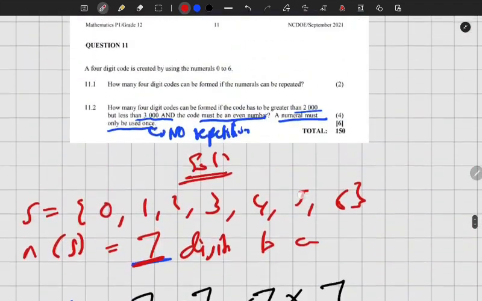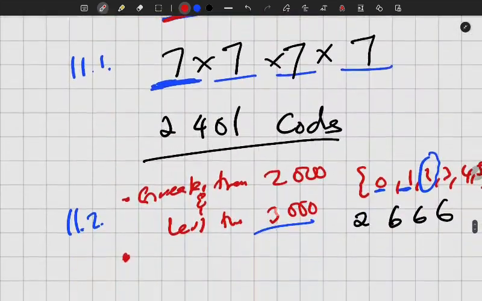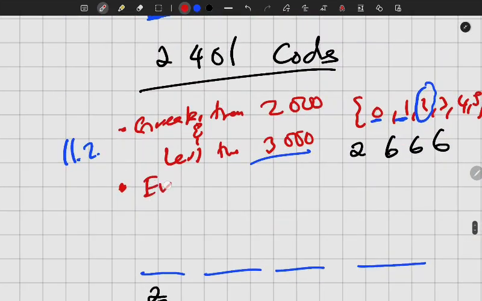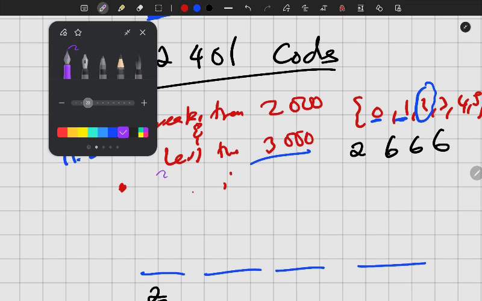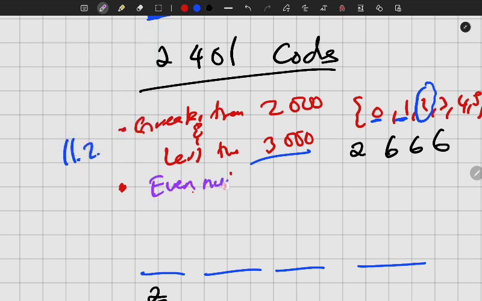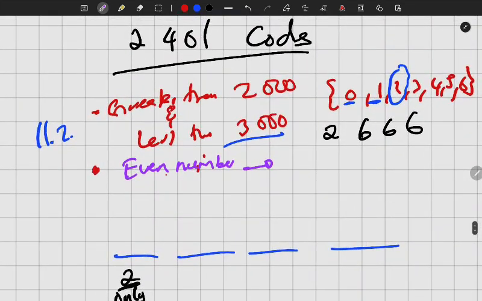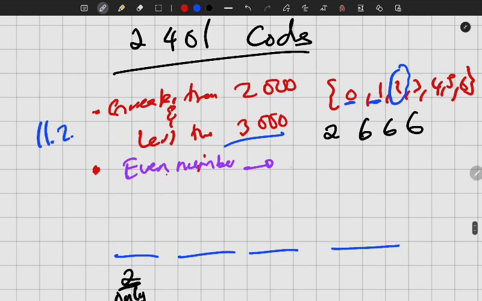Let's look at the second condition, which is that it must be an even number. What do they mean by that? Even numbers are divisible by 2, which means the numbers end with 0 or an even digit.